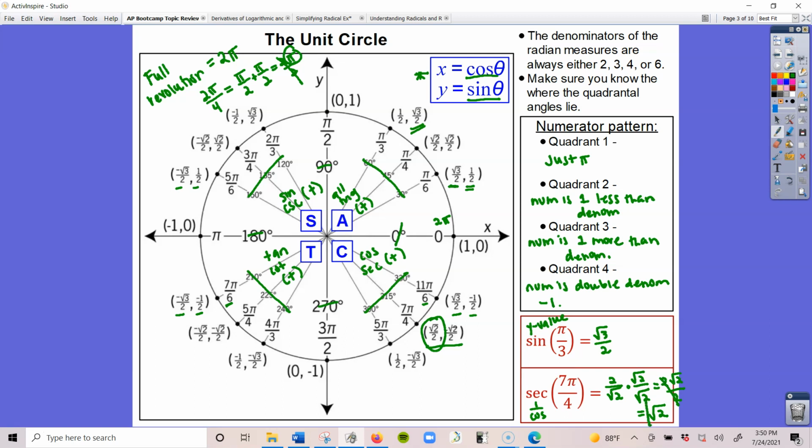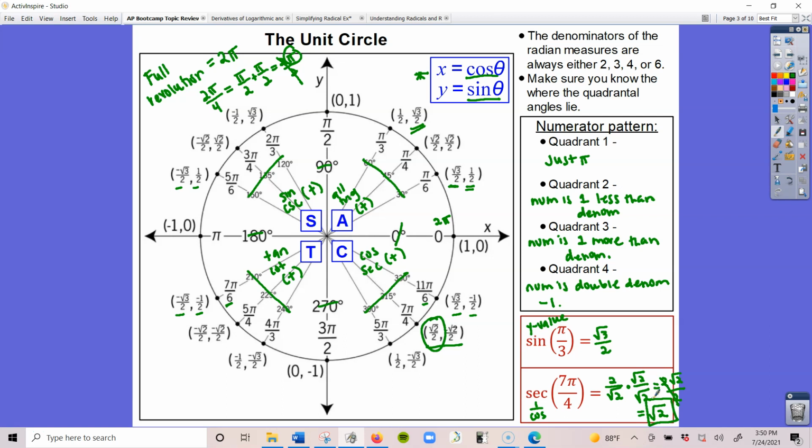Now, in AP Calculus, you don't necessarily need to rationalize every single time, and this is because they're not testing you on your algebra skills. They're testing you on your calculus skills. So they're skipping certain steps because it's unnecessary in terms of showing that you understand the actual calculus concept.